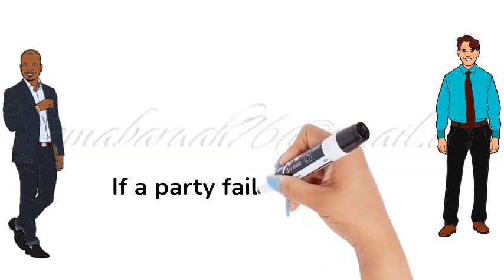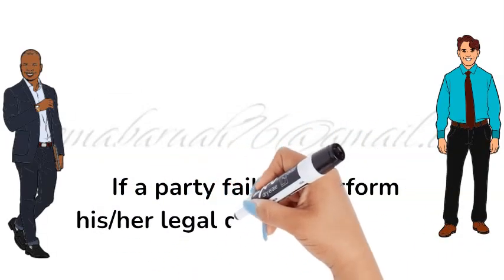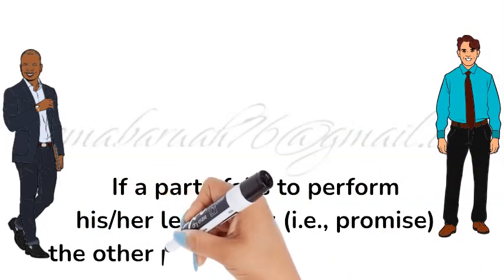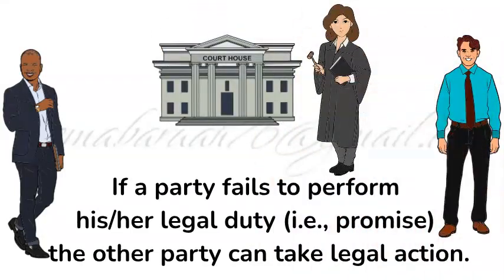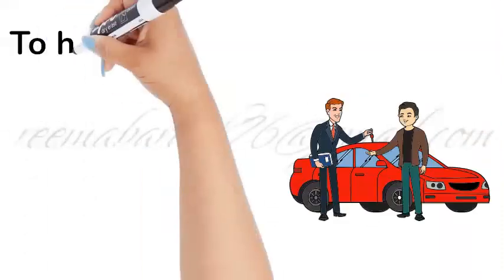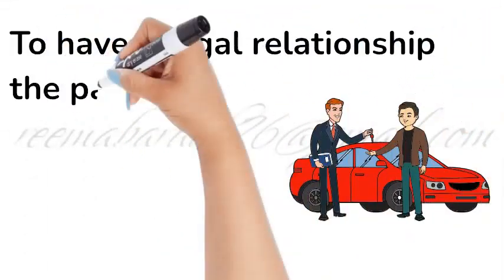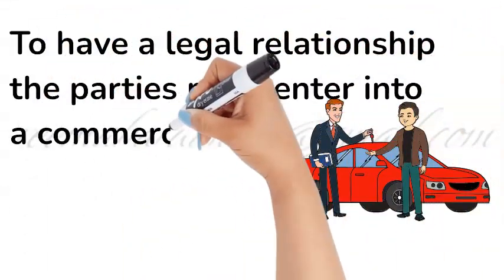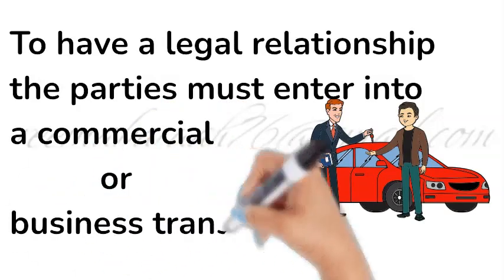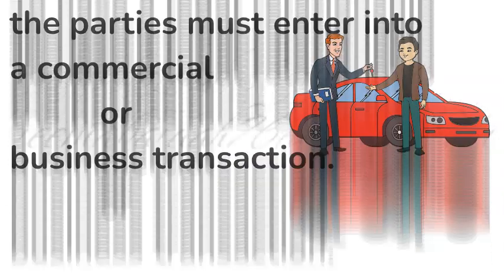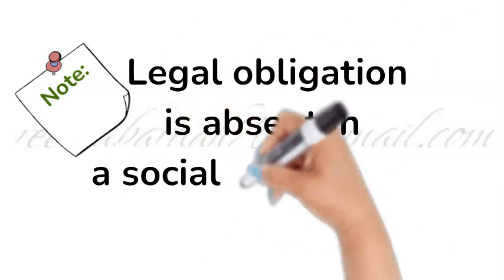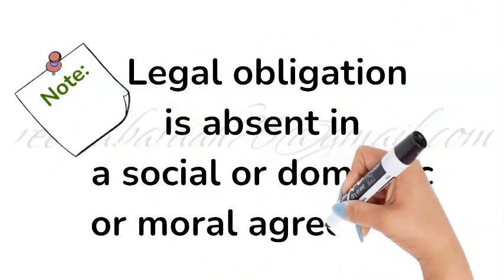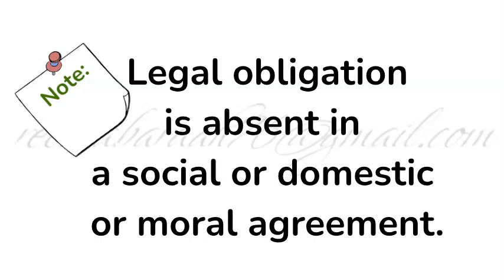If a party fails to perform his or her legal duty, that is promise, the other party can take legal action. To have a legal relationship, the parties must enter into a commercial or business transaction. Legal obligation is absent in a social or domestic or moral agreement.